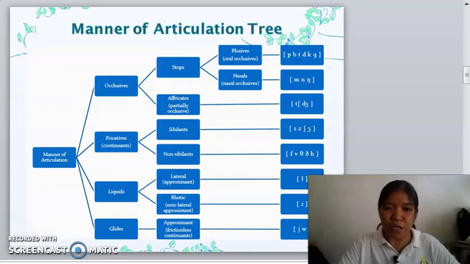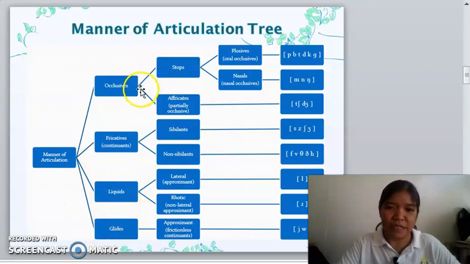And we also have here the manner of articulation tree. As you can see here, the manner of articulation is divided into four. We have occlusives, fricatives, liquids, and glides.